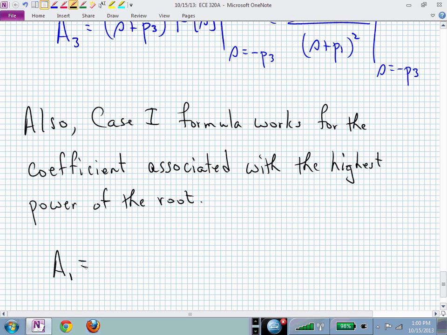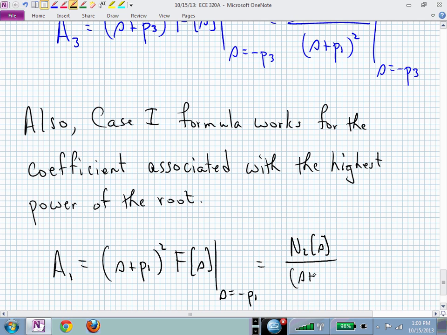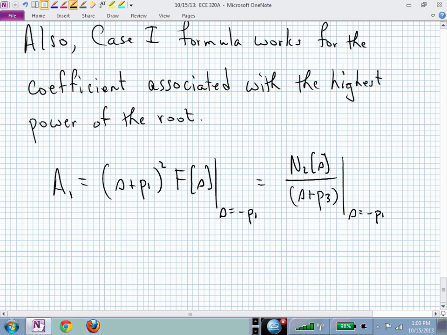I can find A1 by multiplying the left-hand side by the factor underneath A1, which is S plus P sub 1 squared, F of S, and I evaluate that at S equal to minus P1. In terms of the way that I had parameterized F, that's just N sub 2 over S plus P sub 3 evaluated at S equal to minus P1.